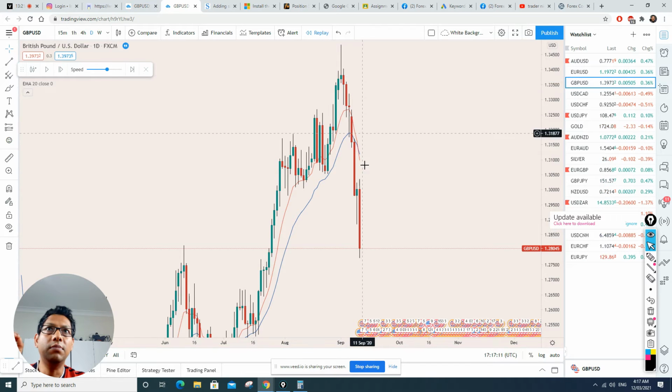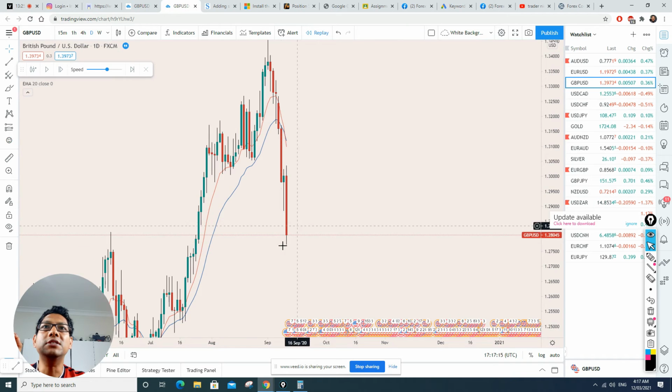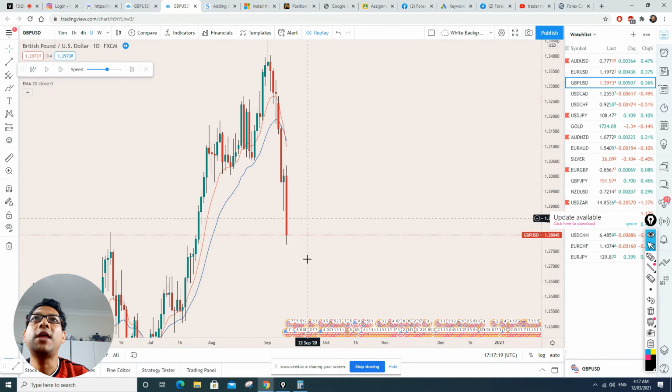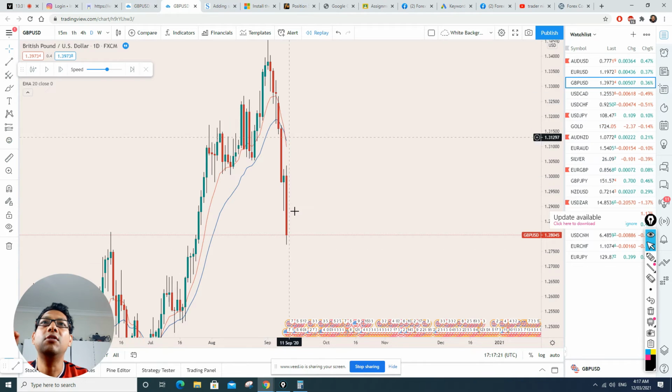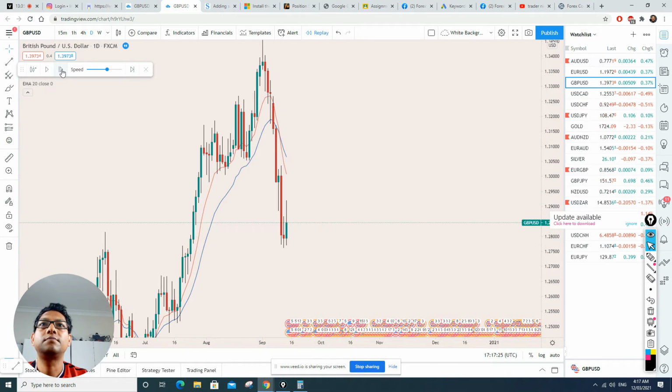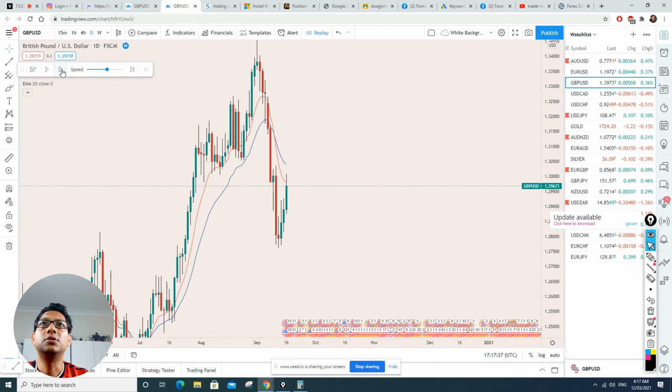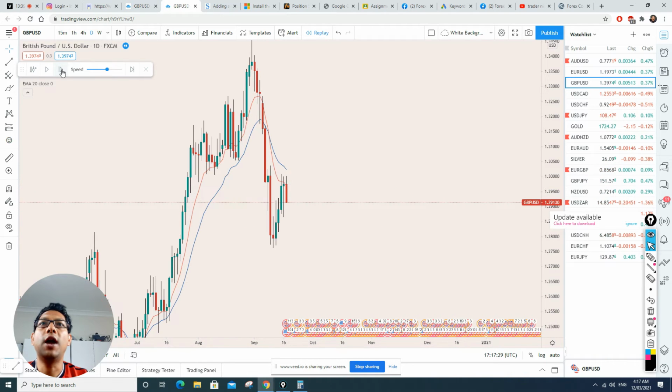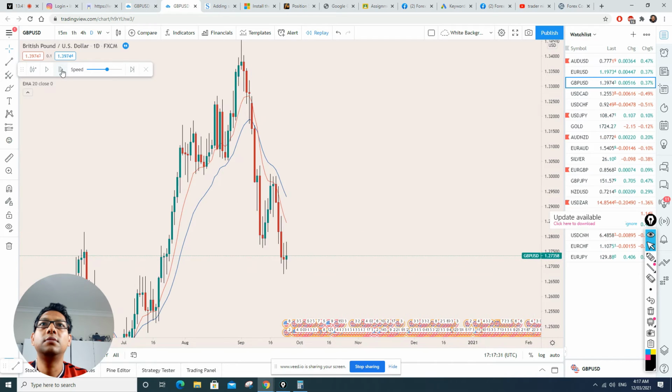And then it has a big drop here. For example, you are in this day and you are looking at the chart and you are thinking, well, what is happening with this market? Is it trending or not trending? Now wait, see what happened. After the drop, it has gone up and then down.